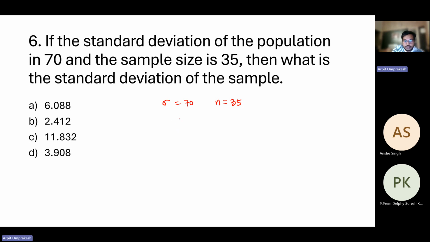Again, this is a direct formula. The standard deviation of the sample is equal to sigma by root n, which will be 70 divided by root 35.